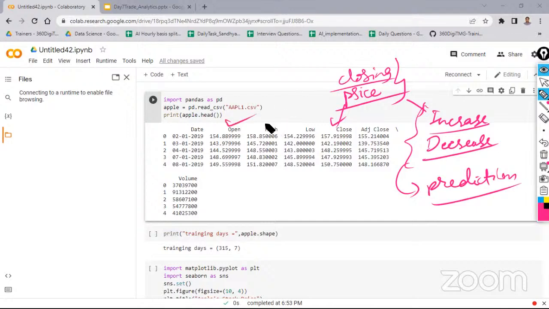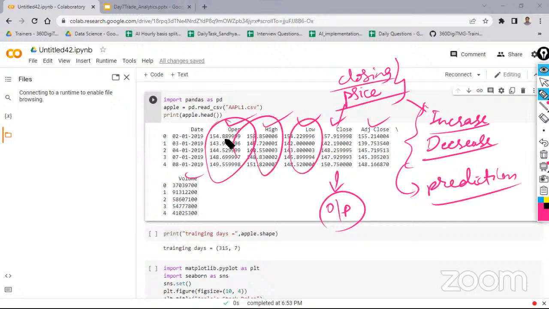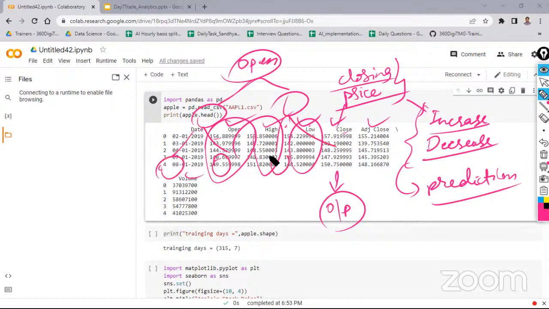We also read open, high, low, adjacent close, and volume. So we'll first decide which is impacting. So this will be your output. All others will be input. So we'll just try to get the information gain of all these and overall data set, and we'll set which is having root node and which is a leaf node and which is the end node.